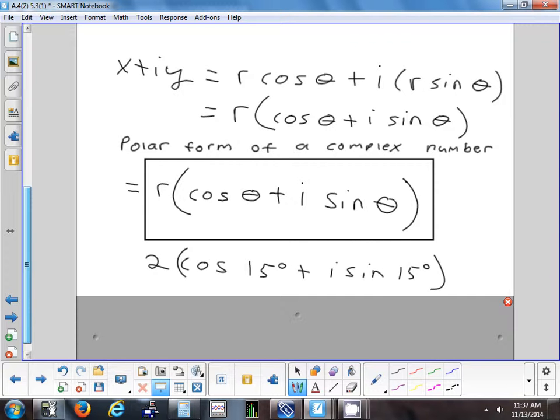That would be a final answer to a problem. If you do it out, take the cosine of 15 and then double it, take the sine of 15 and then distribute the 2, then you're going to change it back to what you started with. So we don't do this out. We just stop, we leave it just like that. We just have to find r and theta.